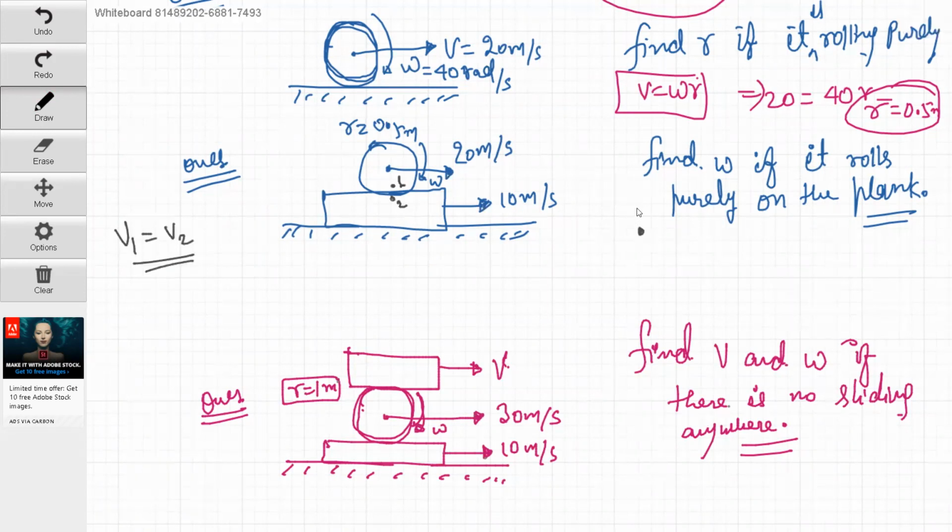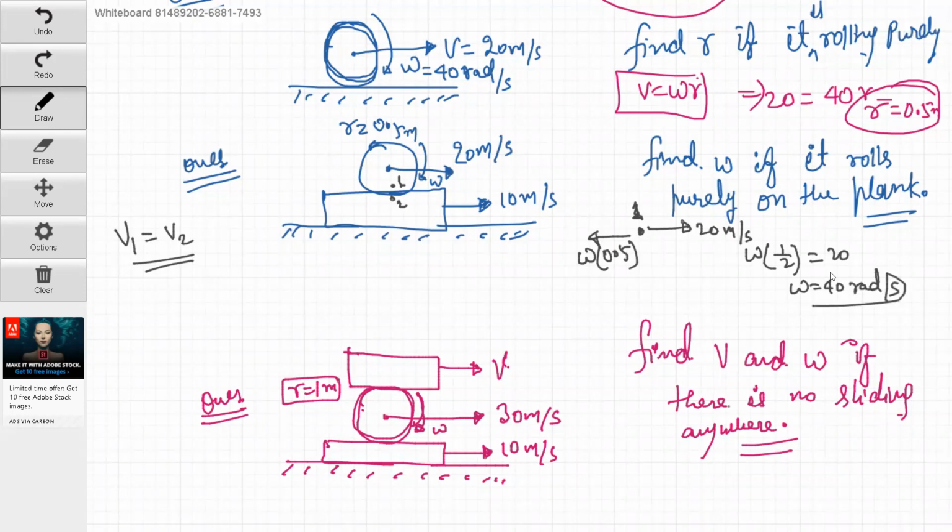So if you consider point 1, its velocity is 20 meter per second in this direction, and in this direction it would be equal to omega into radius, that is 0.5. So omega into 0.5, that is half, is equal to 20. So omega will be equal to 40 radian per second. Is this all right? This is the value of omega.